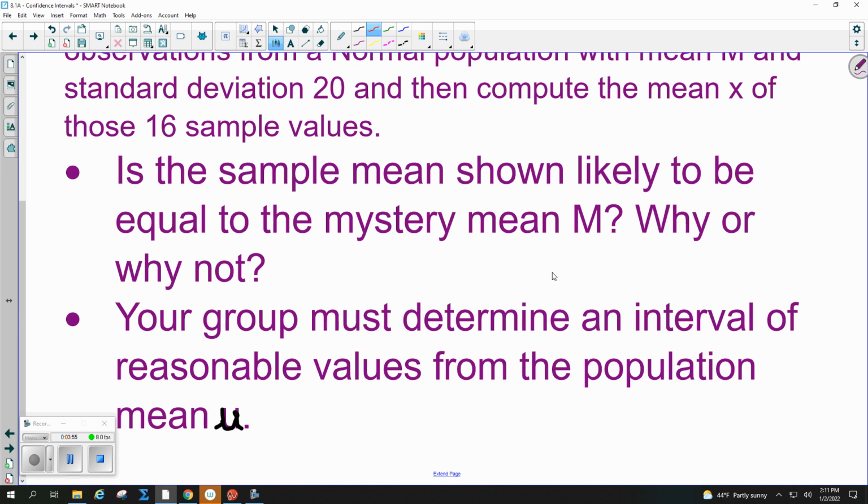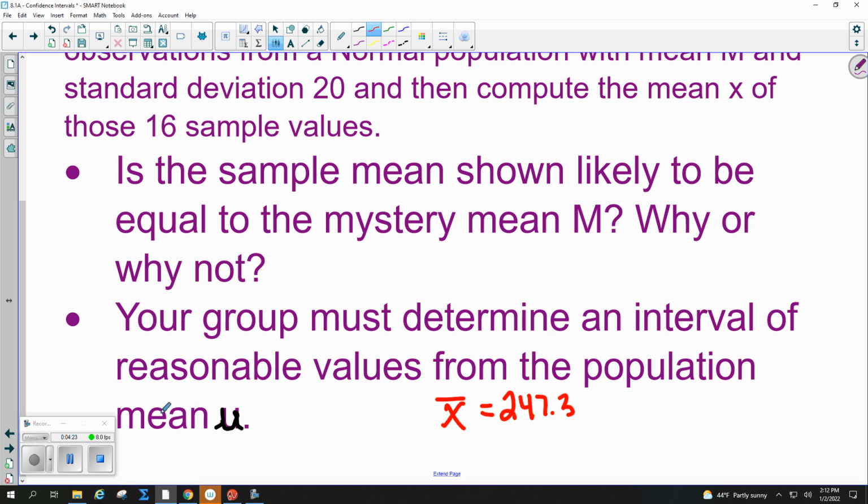So find a group, a couple other people, and discuss a reasonable interval of values that you think could contain the true mean. If you know that your sample mean is 247.3, what is a reasonable set of values for the true mean?